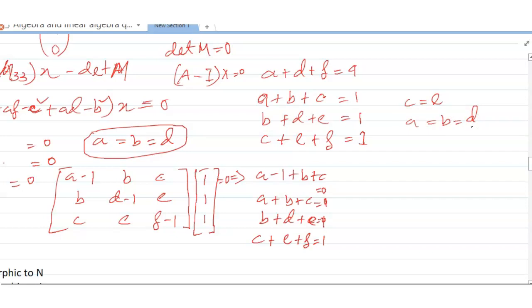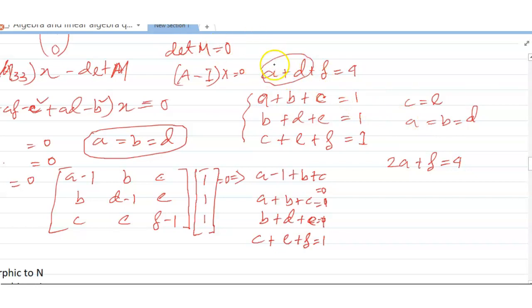So from this equation, now I am putting it in: 2a plus f is equal to 4, because a is equal to d.